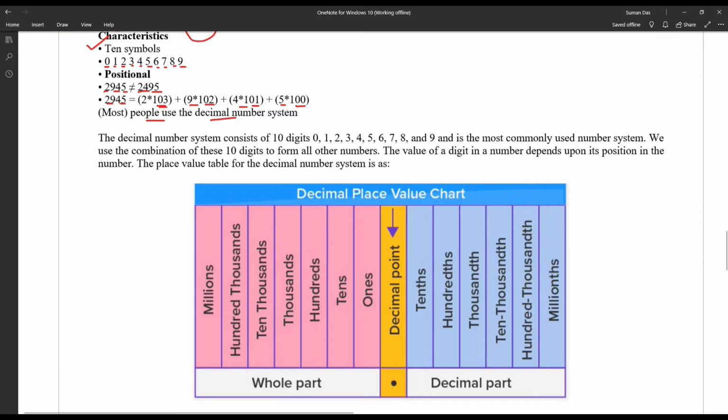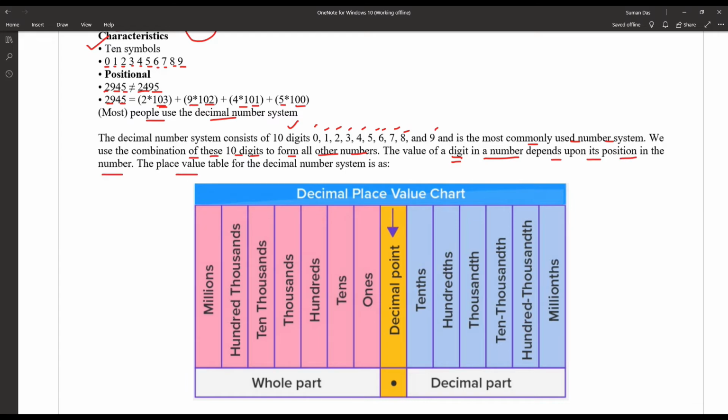The decimal number system consists of 10 digits: 0, 1, 2, 3, 4, 5, 6, 7, 8 and 9, and is the most commonly used number system. We use the combination of these 10 digits to form all other numbers. The value of a digit in a number depends upon its position in the number.